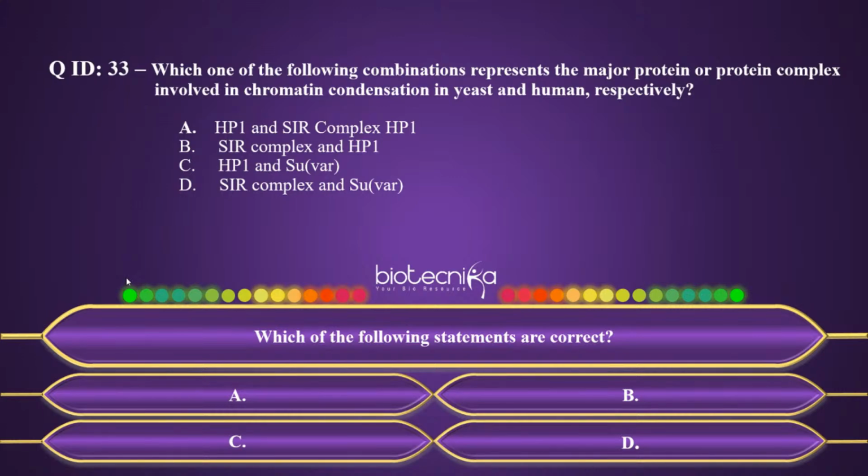The question is asking which combination represents the major protein or protein complex involved in chromatin condensation in yeast and humans. It is talking about yeast and humans here, right? Anybody attempted this particular question? Yes? No one?